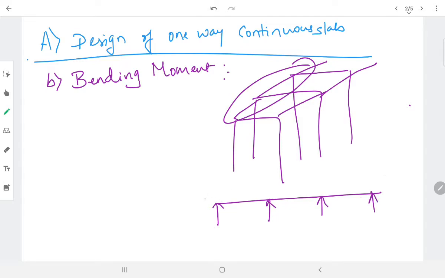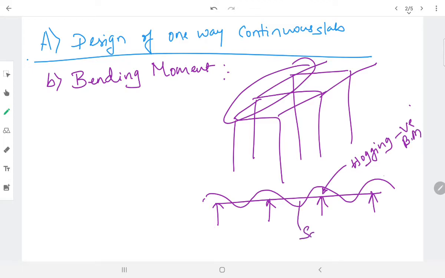Here slab bending will be like this. At support, bending will be hogging, so we have to have negative bending moment, and in the span it is sagging, so we have to have positive bending moment. You have learnt this in the previous semester.